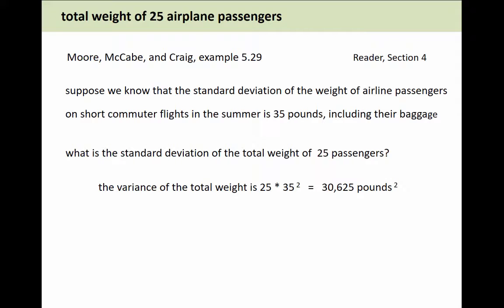The variance is n times sigma squared. To get the sigma squared, we have to square the standard deviation. So we've seen this rather large number for the variance, 30,625 pounds squared. Of course, when we take the square root to get the standard deviation, that's about 175 pounds.